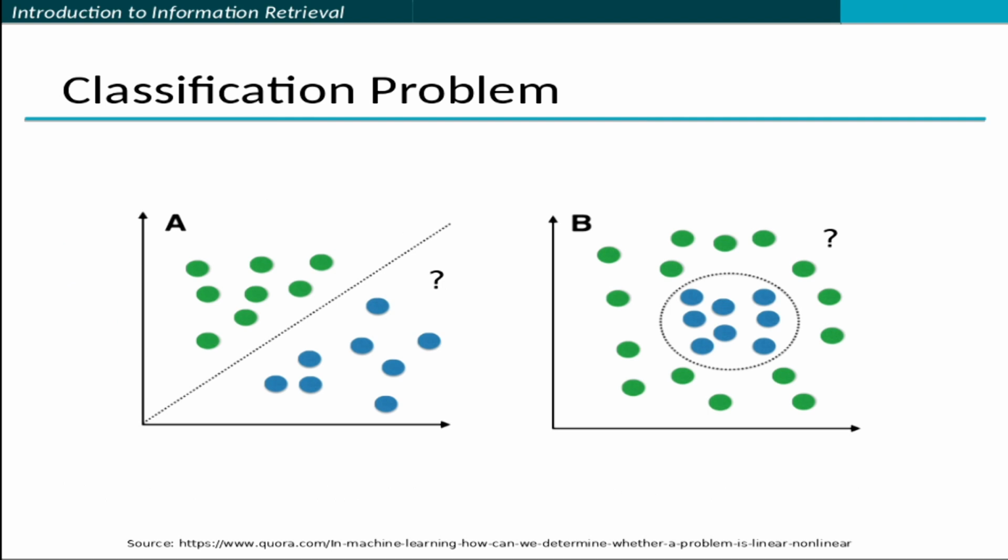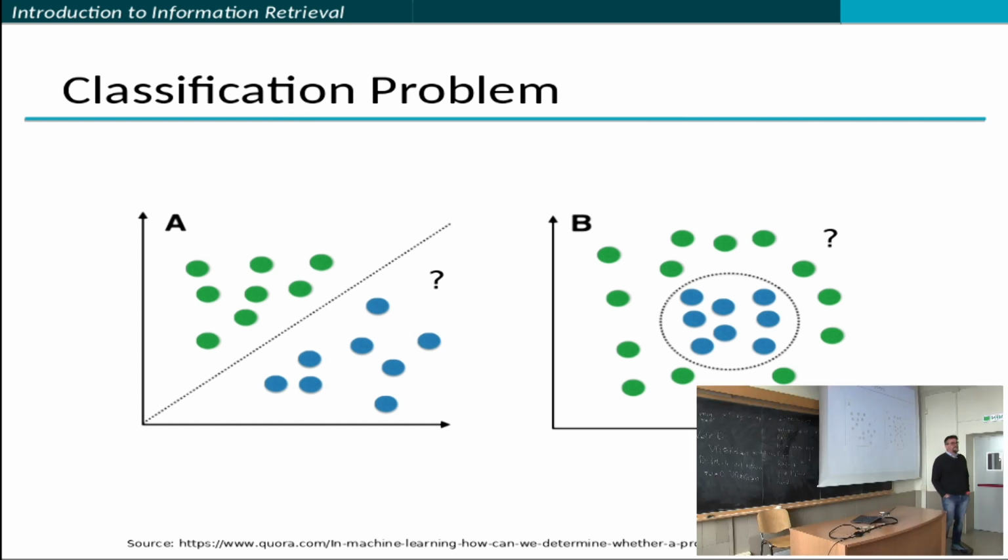In a classification problem, you have a number of points in a feature space. As an example, those can be documents, and you have the green documents and the blue documents, and what you want to find out is a region which allows you to determine whether a new document that will appear, in this example the question mark, will be classified as a blue document or as a green document.